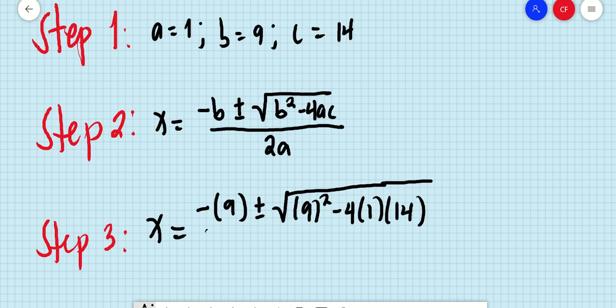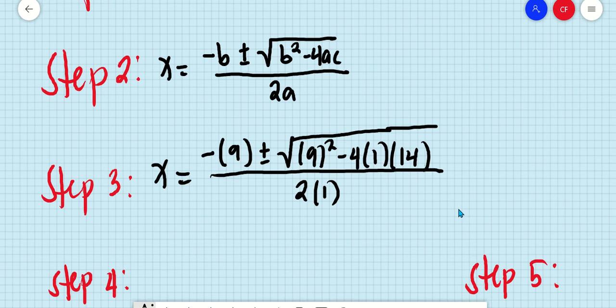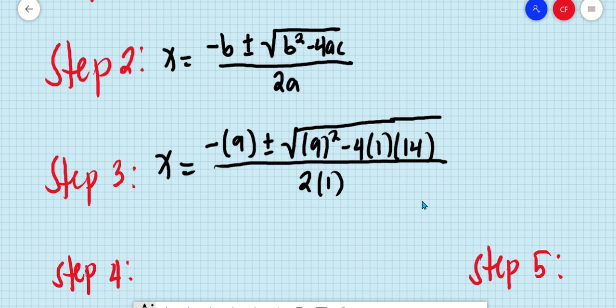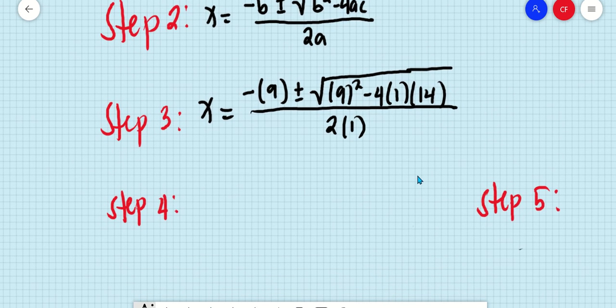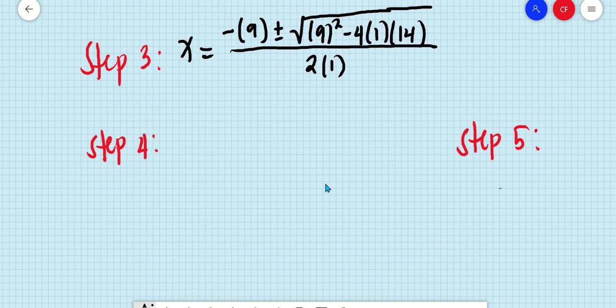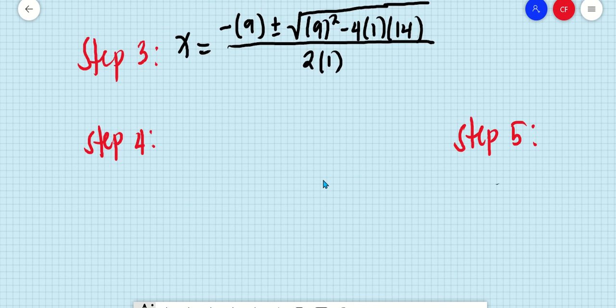All over 2 times 1 kasi yung A natin is 1, right? So we are done in step 1 to 3. So next step, step number 4. So disregard muna natin yung step number 5. Okay, so step number 4, simplify.